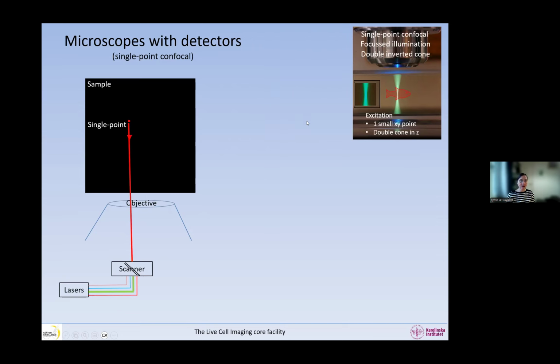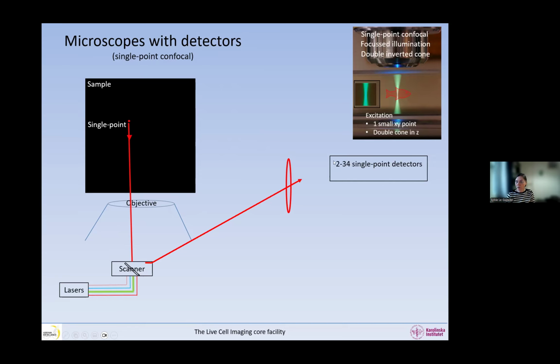So what happens is that the little spot of light starts fluorescing. We have green light, so we get red emitted light. And then this light, or part of it, goes back into the objective and reaches the scanner again. And the scanner is going to send the light towards the emission filter or the different types of detectors that you have.